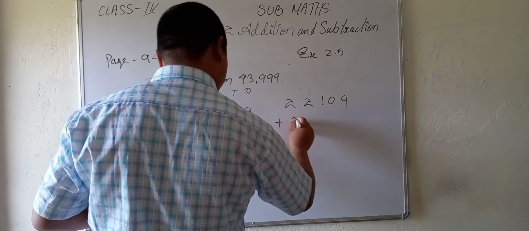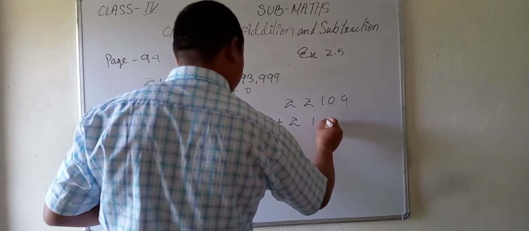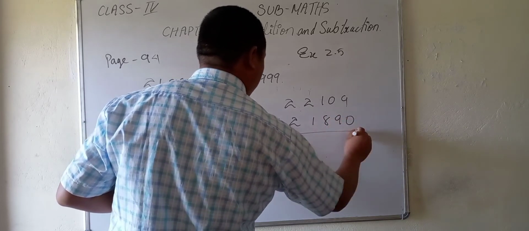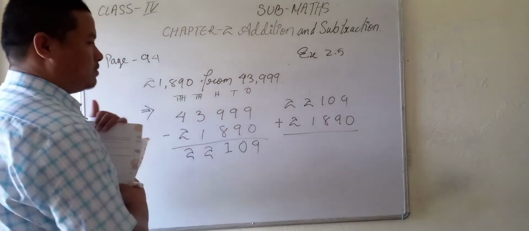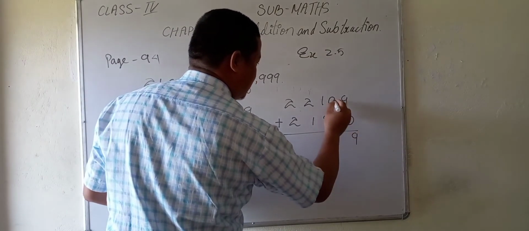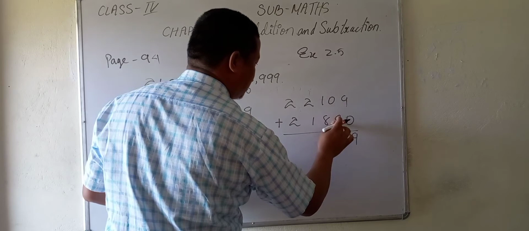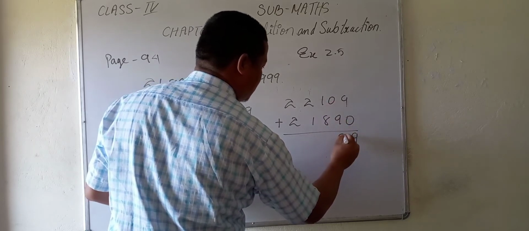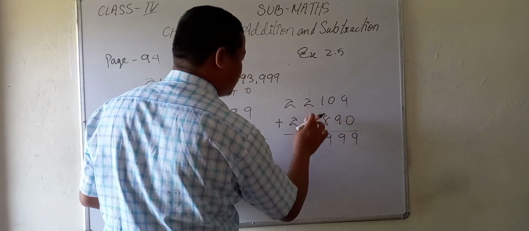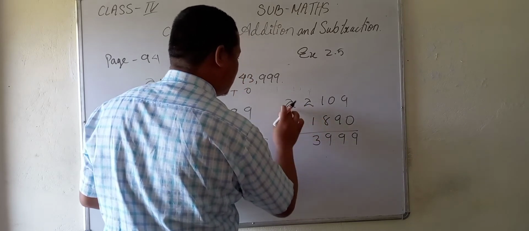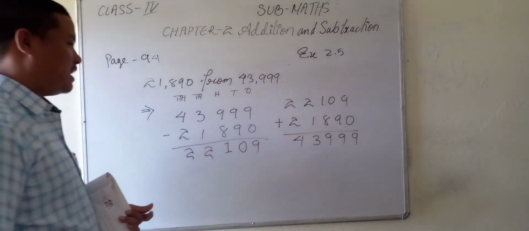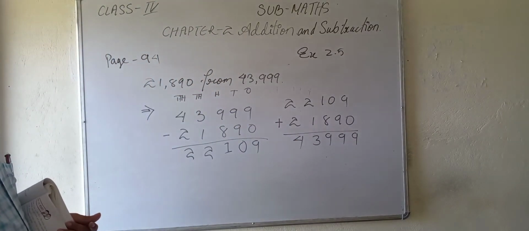22,109 plus 21,890. Just add these two numbers now. 9 plus 0, 9. 0 plus 9, 9. 1 plus 8, 9. 2 plus 1, 3. 2 plus 2, 4. 43,999.